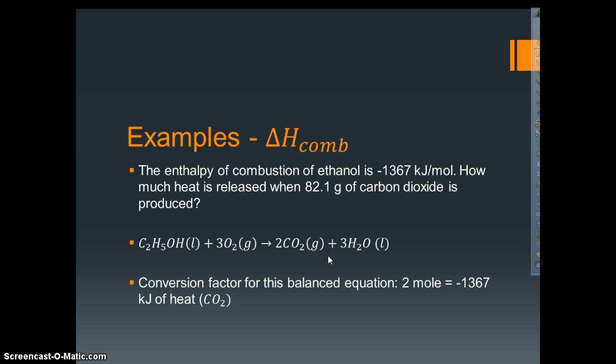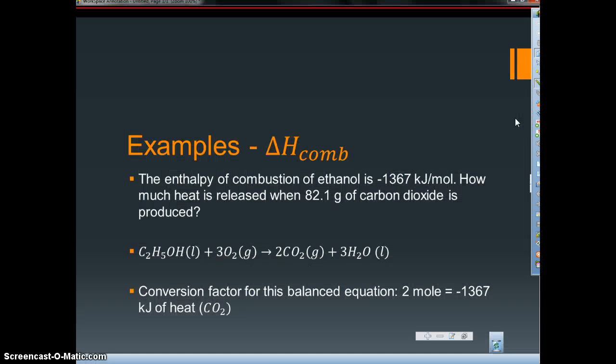All right, so let's go ahead and look at our first example. These will look fairly similar to the stoichiometry problems we've done. We're just making sure that we incorporate delta H, or energy, because thermochemical equations have to incorporate energy.